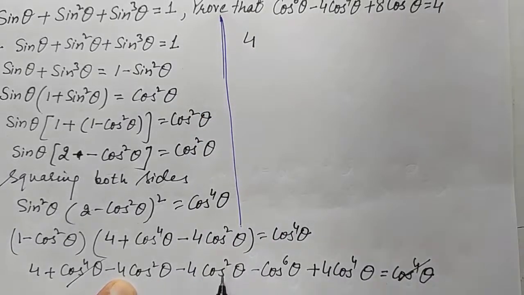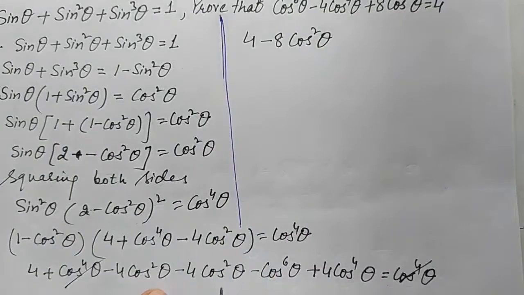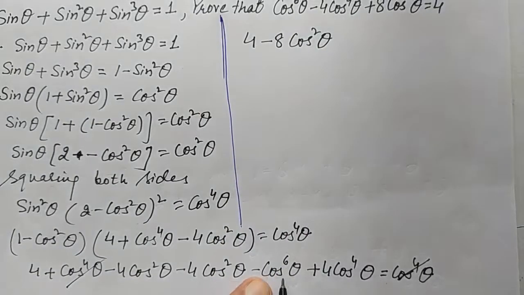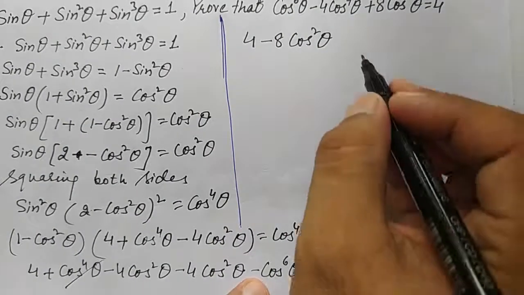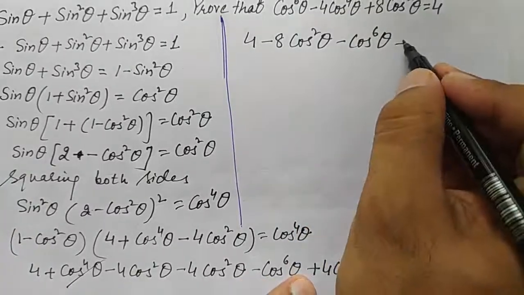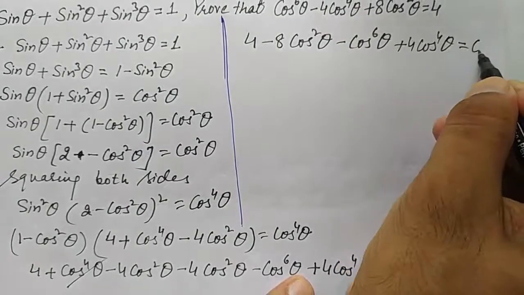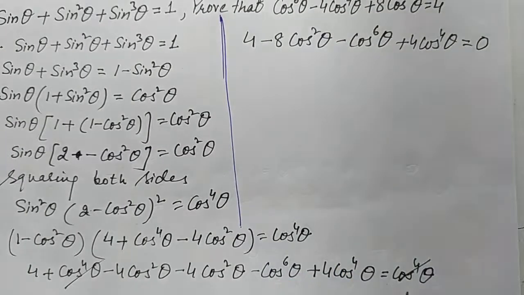Yes, it is cos square theta. Anything else? No. Minus 4, that is minus 8 cos square theta is left with us, and then talking about power 6, that is minus cos power 6 theta, and 4 cos power 4 theta is equal to 0 now with us. Nothing is left here.